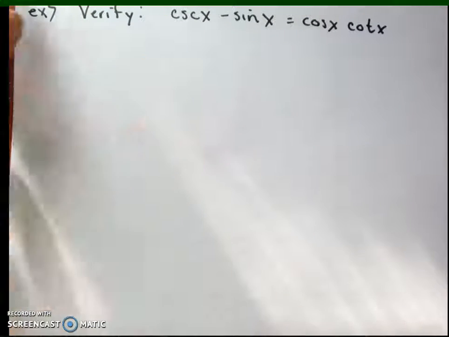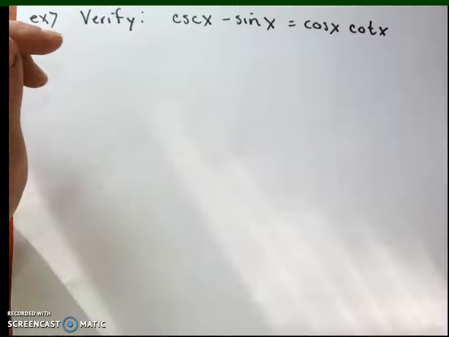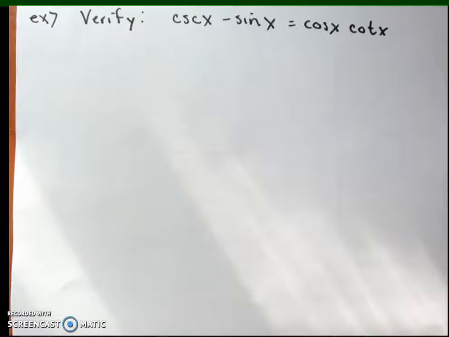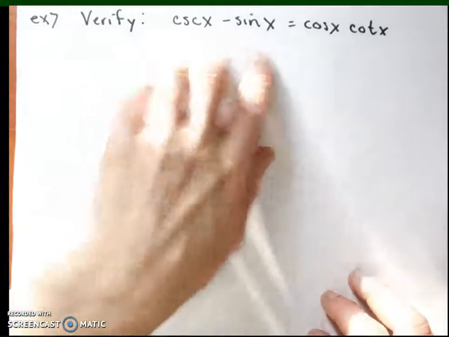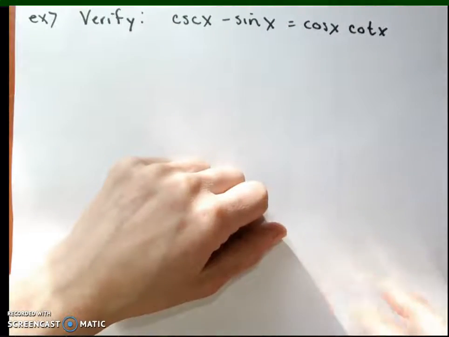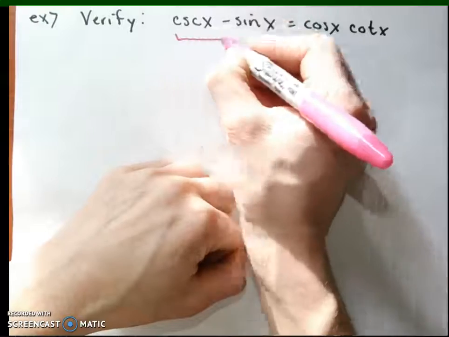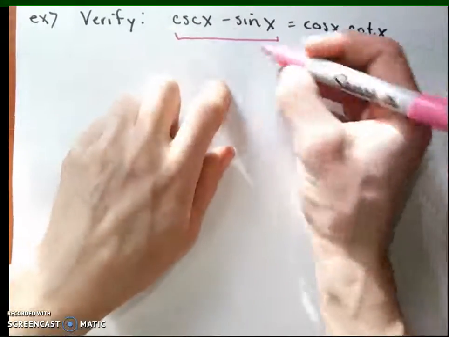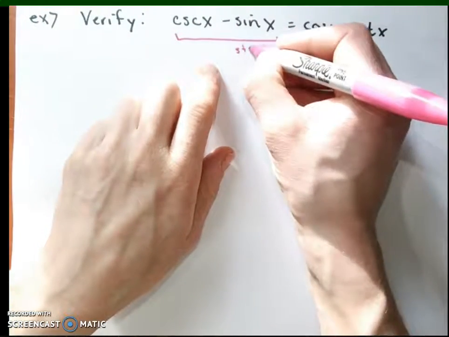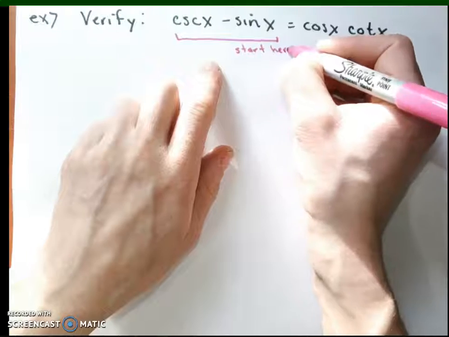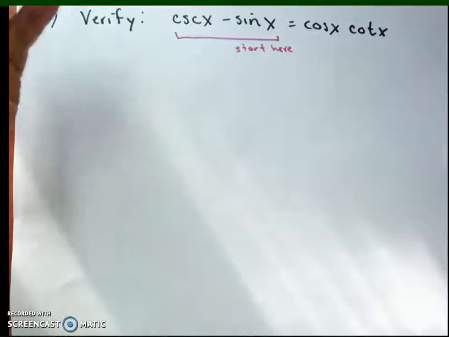So let's see a third example. This one is looking rather complicated, and there's no obvious connections between all of these different things. I would say this side is the more complicated one because it's two different terms, so we'll start here. And maybe I don't know what to do.